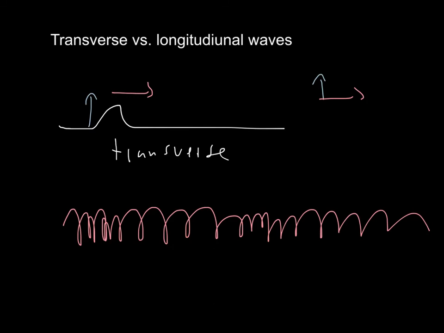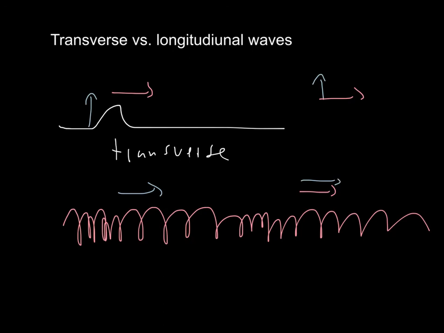So the little slinky wire is actually traveling back and forth, and so is the wave. So the wave is going this way, and my slinky wires are going also back and forth. So in this case, I have the direction of propagation and the perturbation in the same direction, and these are called longitudinal waves. Now, typical examples of longitudinal waves are sound, and that's pretty much it.